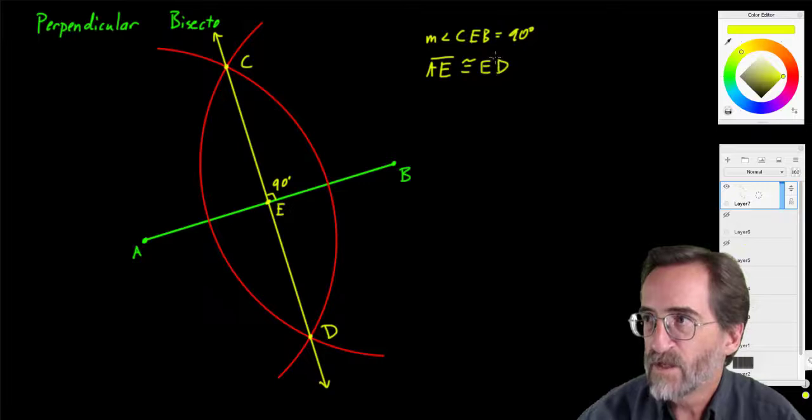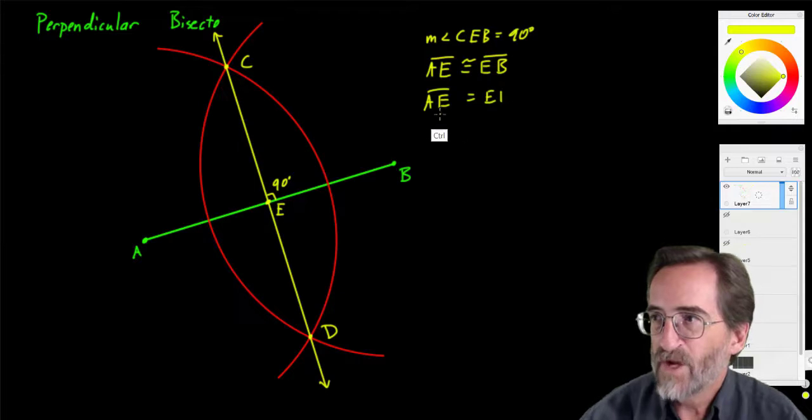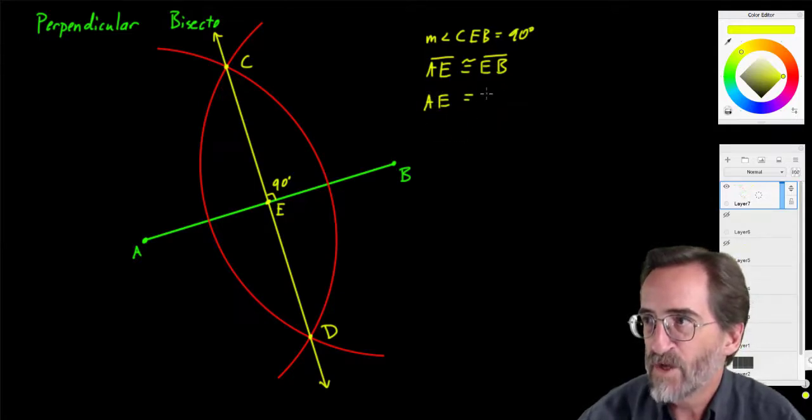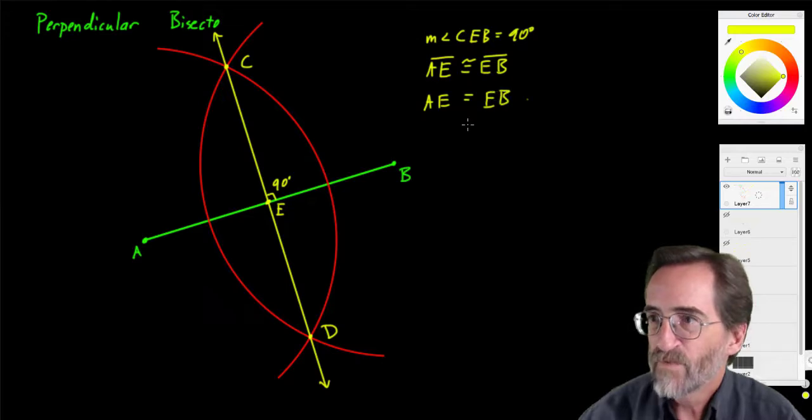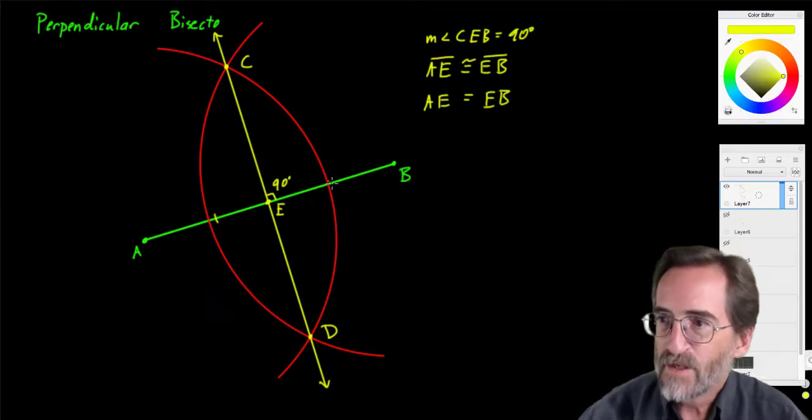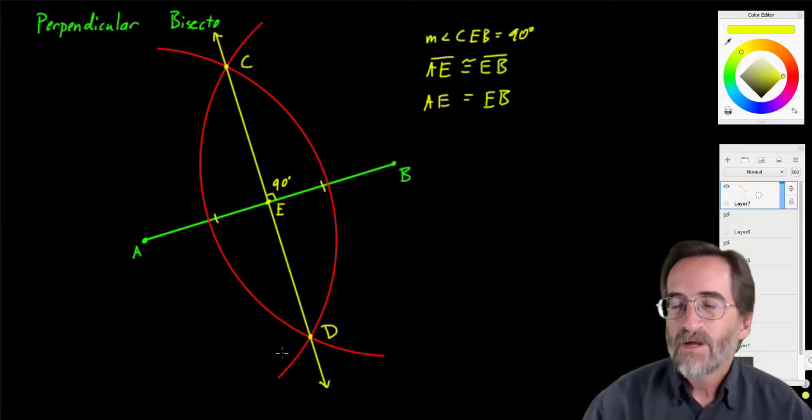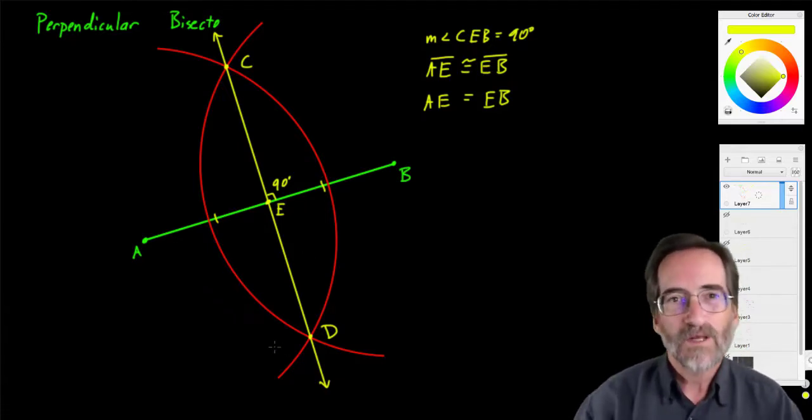Segment AE is congruent to segment EB. Or that the measure of AE equals the measure of EB. And just a measure, we're not going to put a line segment above it. Measure of AE equals the measure of EB. Okay? And I can indicate such by drawing a little tick mark here. Okay? So that's how you construct the perpendicular bisector.